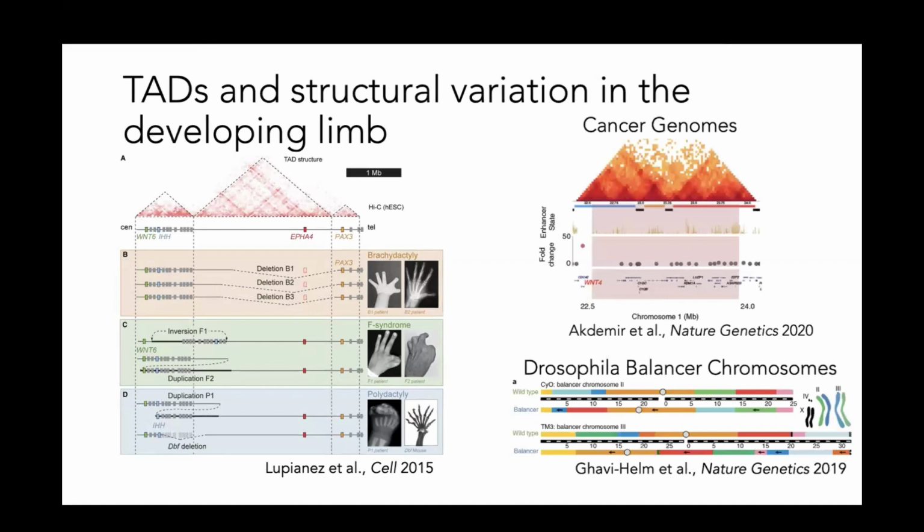But there are also several studies that have looked at more broad, comprehensive sets of structural variants and found that structural variants, for the most part, have a really small effect on gene regulation and gene expression. The bottom one is a paper looking at balancer chromosomes, which are highly rearranged chromosomes in Drosophila. The top is a paper that we were involved in with Andy Futreal's lab, where we looked at structural variants from 2,000 different patient samples.